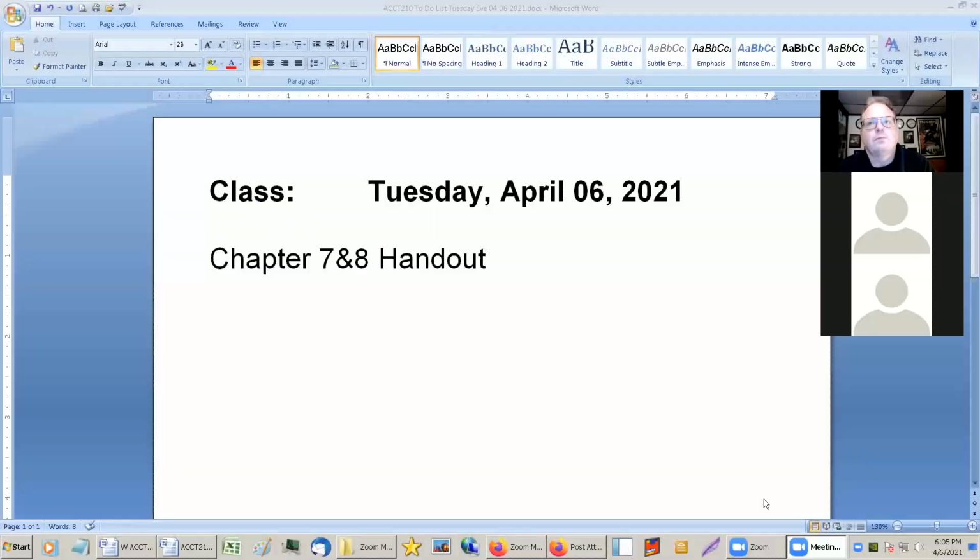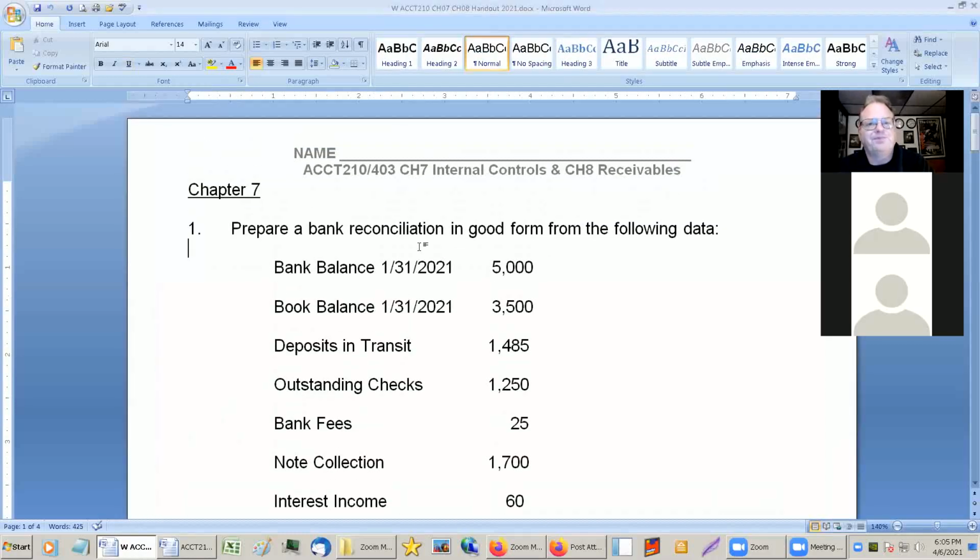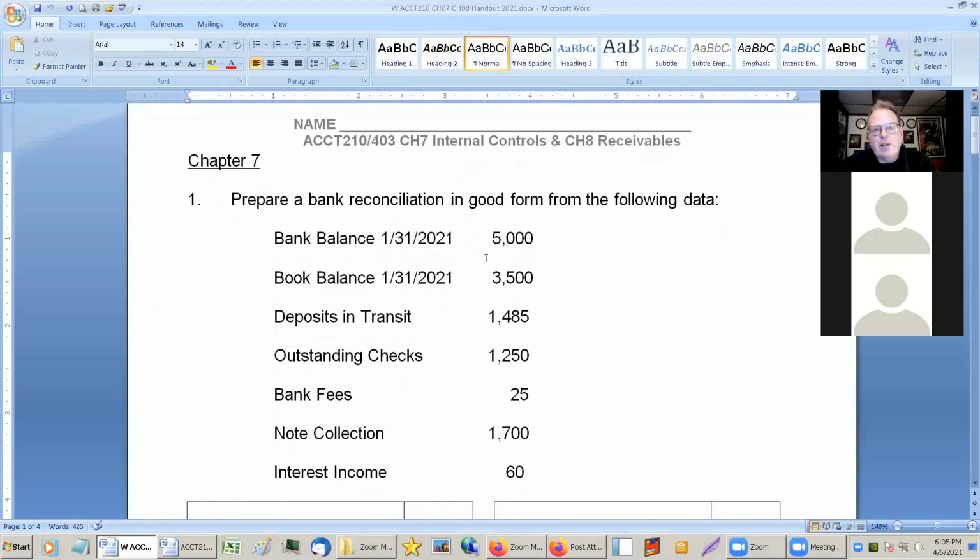All right, so what we're going to do then is pull up the handout. So the bank reconciliation.